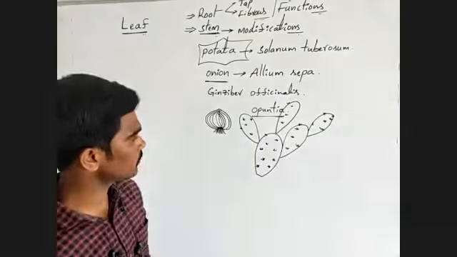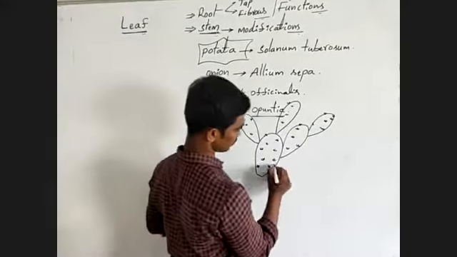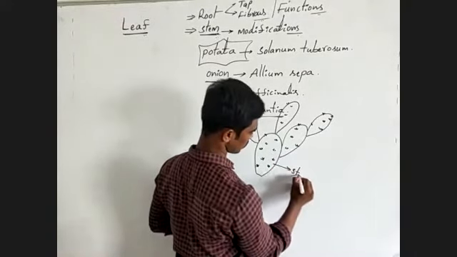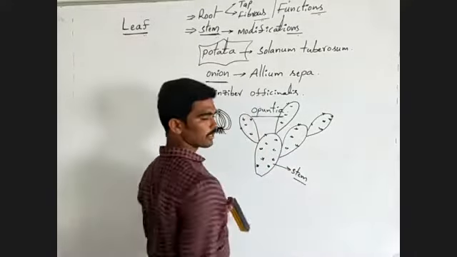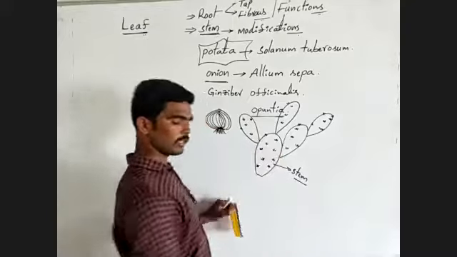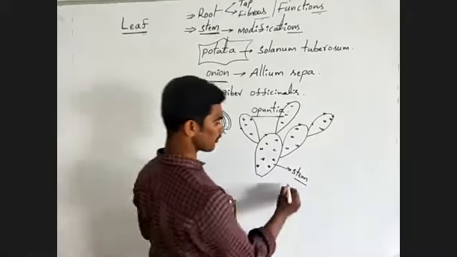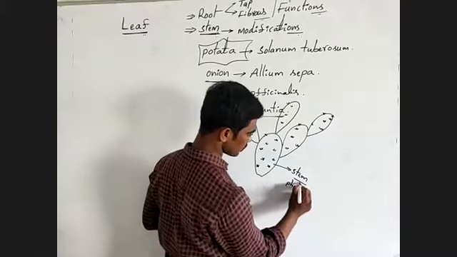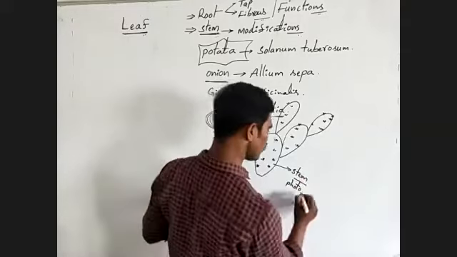Actually, this is stem. Stem becomes flattened green color structure to perform photosynthesis process.